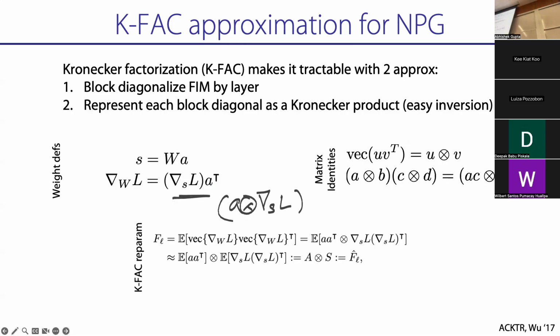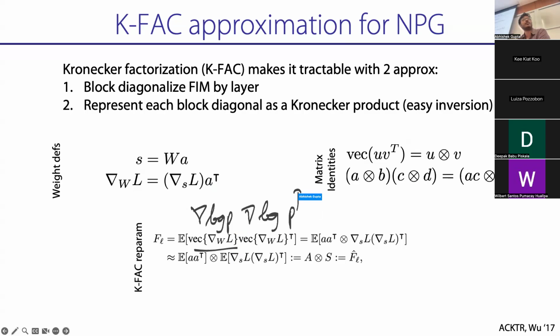Just by using the first identity, if you have UV transpose, you can write it as U Kronecker product V. And so you can write this expression, grad LW, as A Kronecker product grad SL. Now if I look at my Fisher information matrix, it's the gradient times the gradient transpose. So remember, it's grad log P times grad log P transpose. This is what we had earlier, but we've just expressed these things as a Kronecker product.